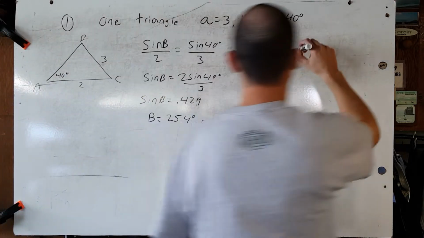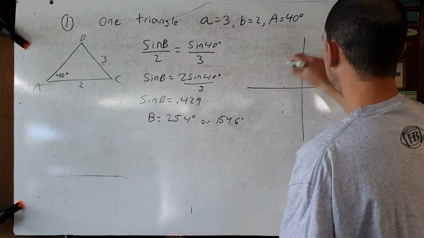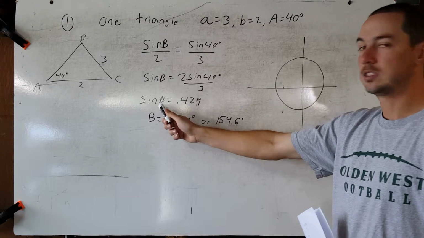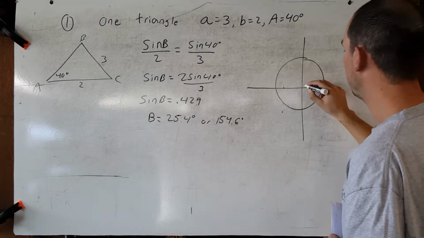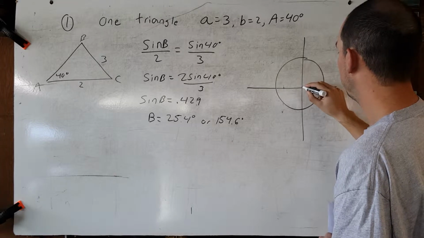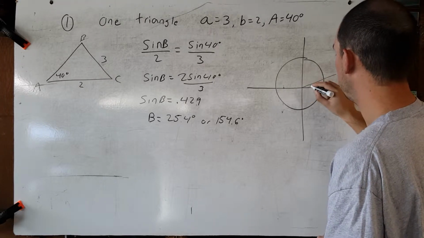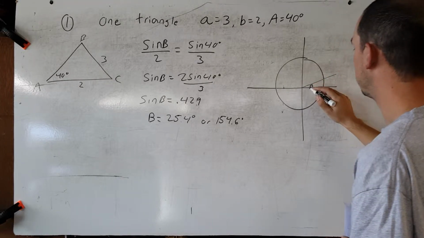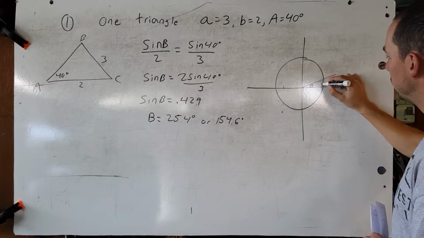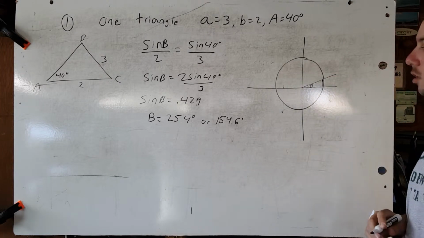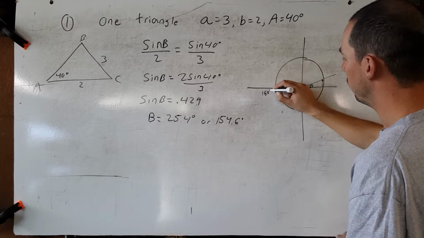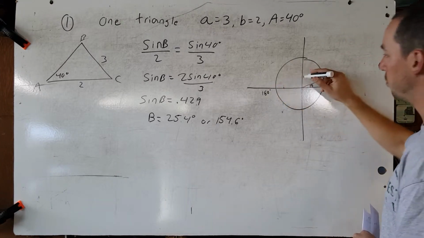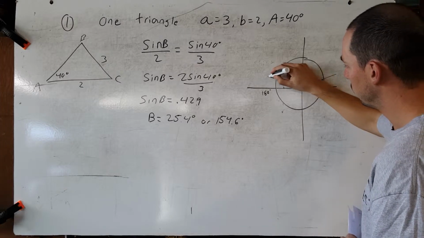Well, let's draw a new circle really quick. This is the angle. Sine of some angle B is 0.429. Well, in the first quadrant, let's call this B. The sine of B will be this vertical distance here. But also, if we go 180 degrees, 180 minus B, we have the same answer.